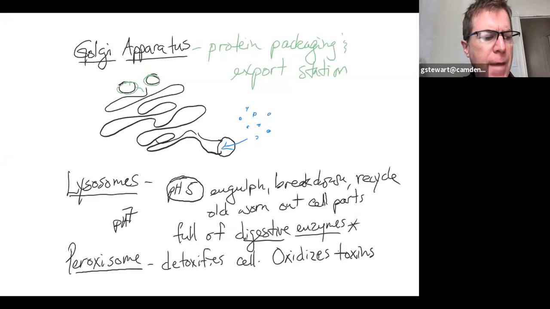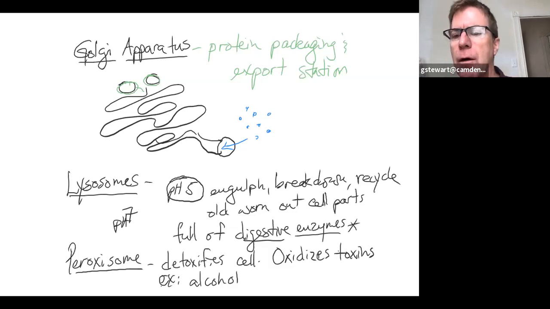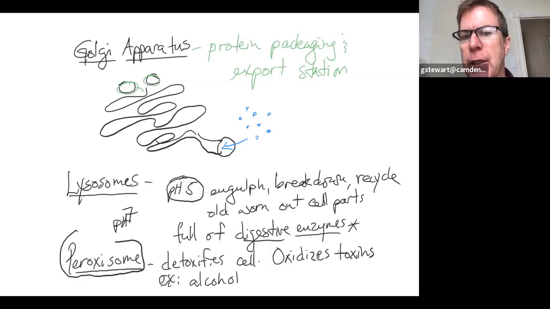And what that means is that it uses oxygen to break down things like, I'm going to write example, alcohol. If you consume alcohol, that's poisonous to your system, and it's poisonous to your cells. These things inside of our cells actually detoxify, break down that alcohol.